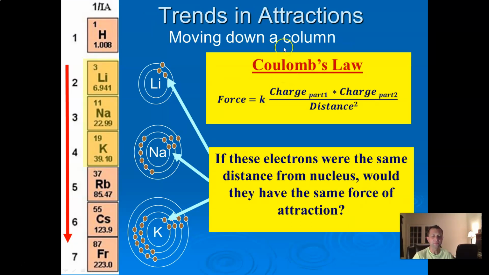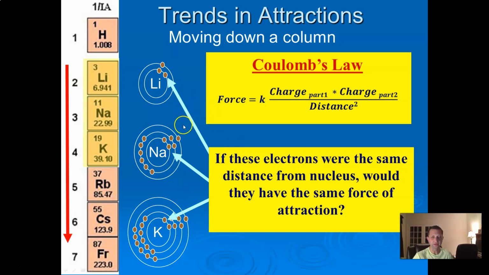Okay, so you really need to focus on trends in attraction going down a column and across a row. Let's take a look at those one by one. So we're going down a column. We have lithium, sodium, and potassium. I have the electrons all on the screen for you. This question is focusing on the first level electrons, those 1s2 electrons for all three atoms.